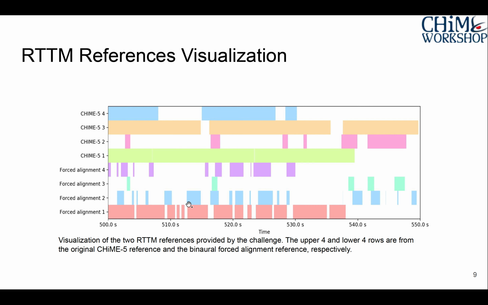However, if you use the new forced alignment RTTM as a reference, and you regard it as speech, then your DER will be much worse. So that's our finding, and we can regard these two references as the upper bound for the category A of track 2.